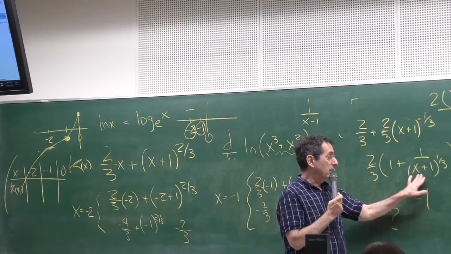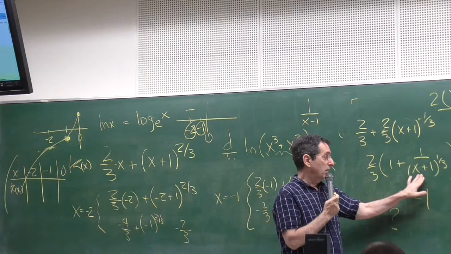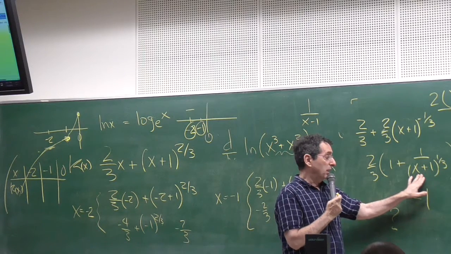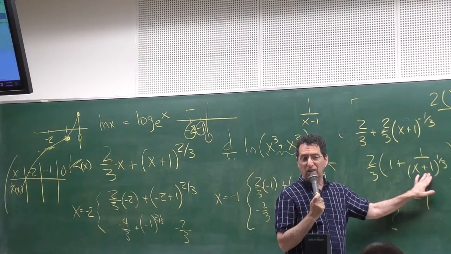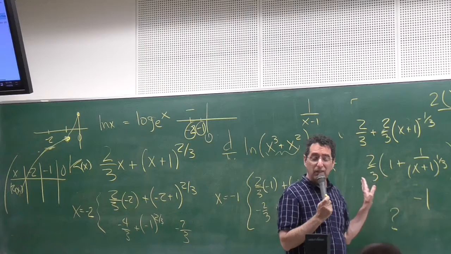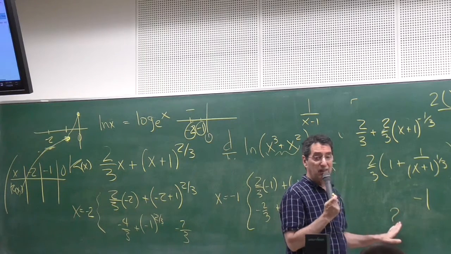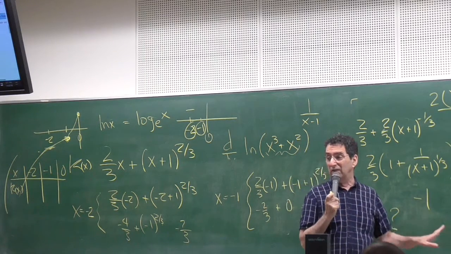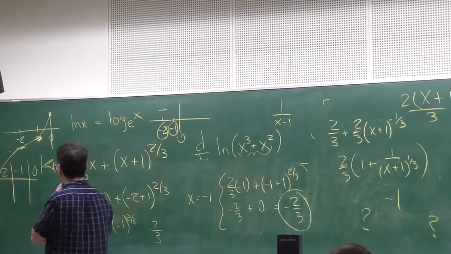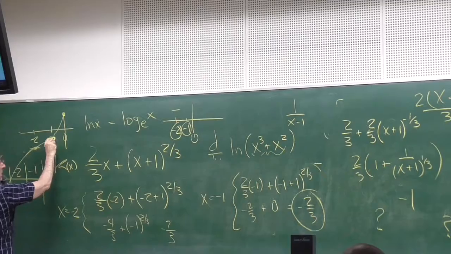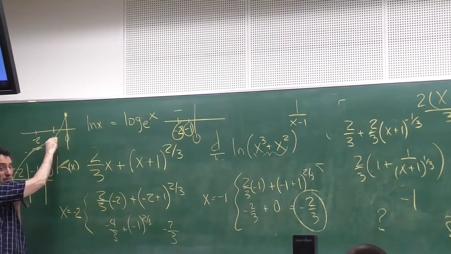And how about to the right of -1? Then we have like 0.9. This is positive then, right? So the derivative is negative to the left of -1, and to the right of -1, the derivative is positive. But the derivative is basically infinite here, right?